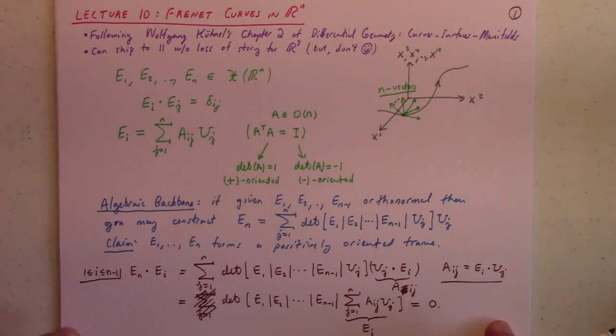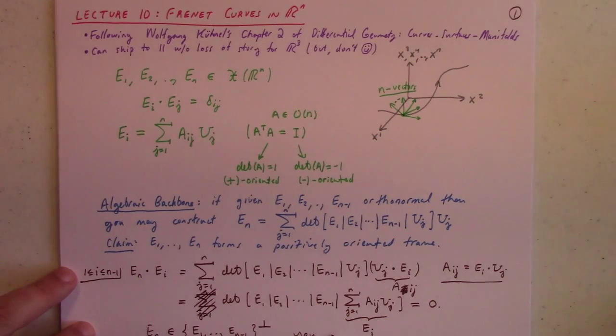Bam. So there you have definitely a proof that at a minimum, En is an element of the orthogonal complement of the given n-1 orthonormal vectors. All right, it's definitely in the perp. But it's more than that. You can demonstrate that En dot En is in fact equal to 1.